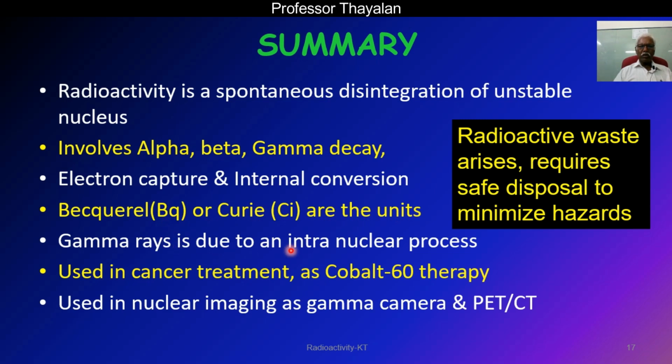Gamma rays are due to an intranuclear process. It is used in cancer treatment as cobalt-60 therapy. It is also used in nuclear imaging as gamma camera and PET-CT. Of course, using radioactivity, one can come across radioactive waste. This waste requires safe disposal to minimize the radiation hazards.